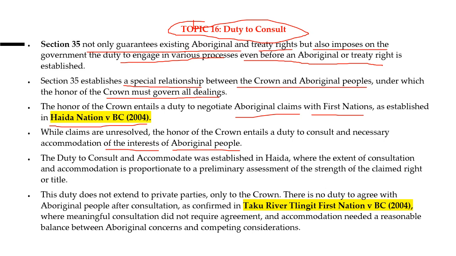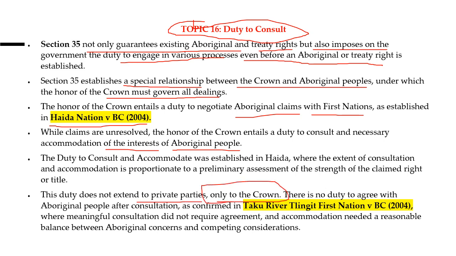This duty to consult and accommodate interests was established in the Haida Nation case, where the extent of consultation and accommodation is proportionate to a preliminary assessment of the strength of the claim, right, or title. This duty does not extend to private parties; it only extends to the Crown.